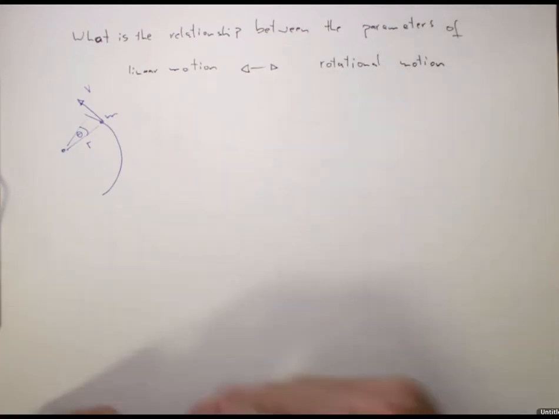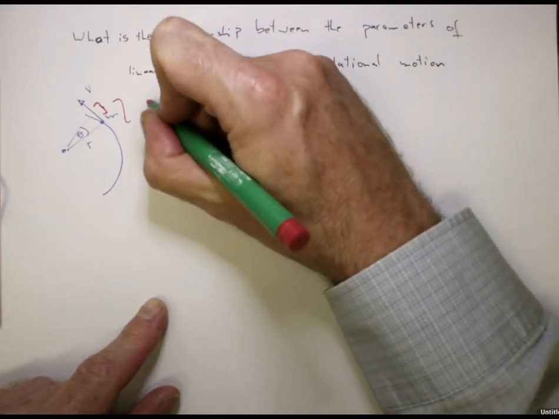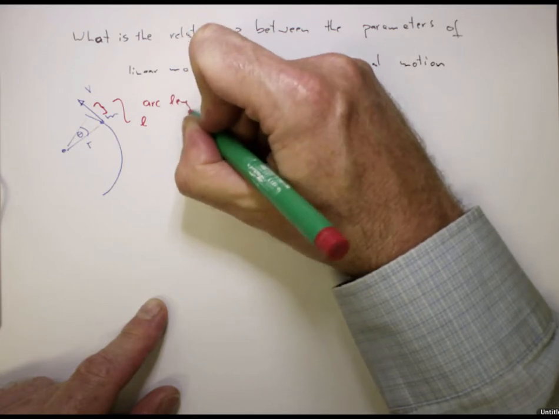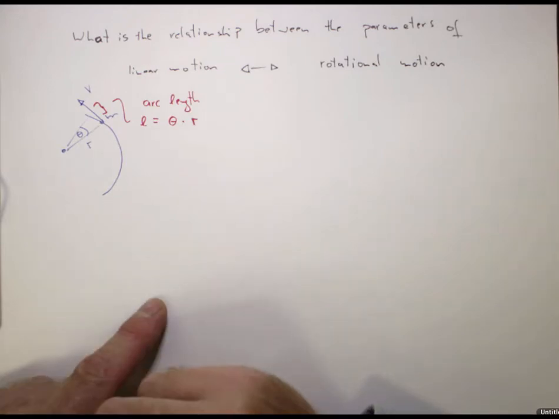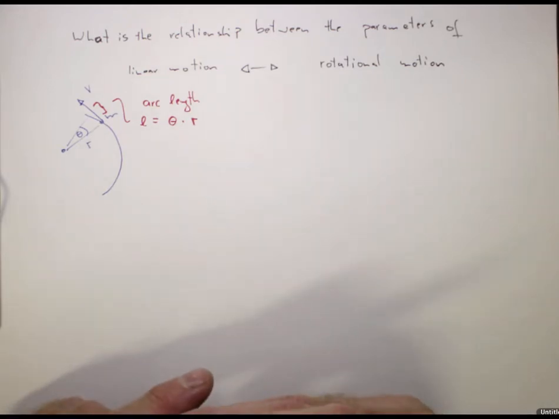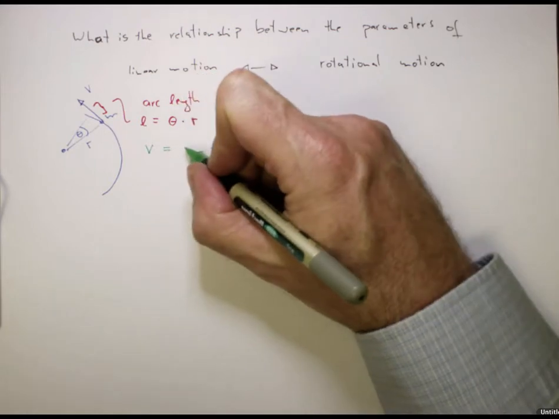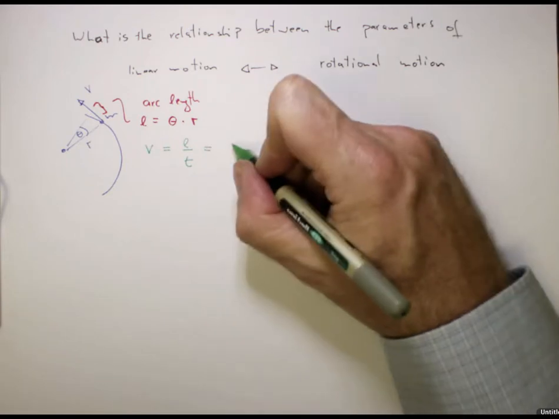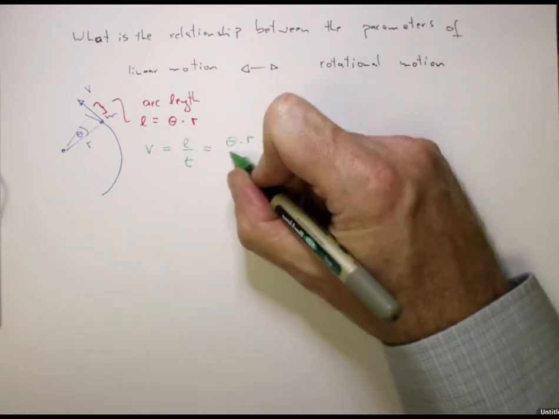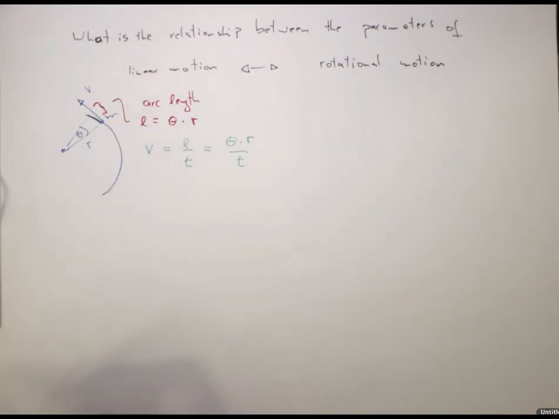Then the length of this arc, L, the arc length, is equal to theta times radius r. And we can express the linear speed v as the arc length divided by time, which is equal to theta times r divided by the time associated with this stretch of motion.